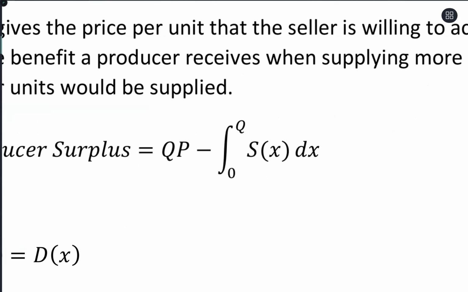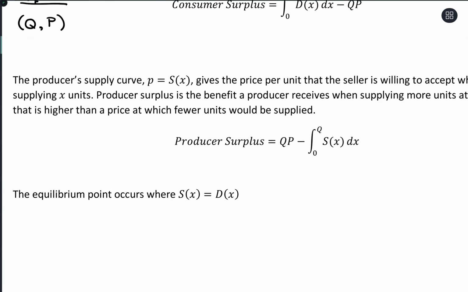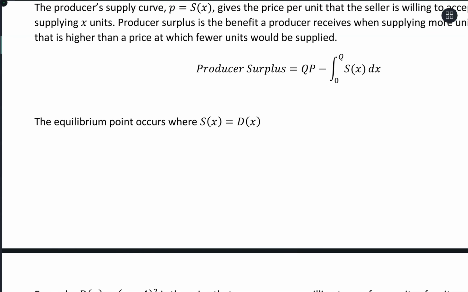For producer surplus, we take Q times P, the two values from our equilibrium point, minus the definite integral from 0 to Q of our supply function, S of x dx. That will be our calculation for producer surplus, and the question will tell us which one we're looking for. There's also something called total gains that I wanted to add in here.